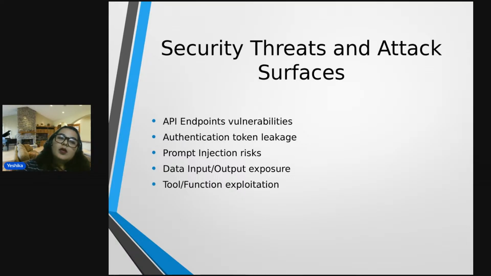When we talk about the term vulnerabilities, it is basically the loopholes, the weakness that we come across in any particular application, and combining multiple APIs into your agents will definitely put a security threat over your agent.